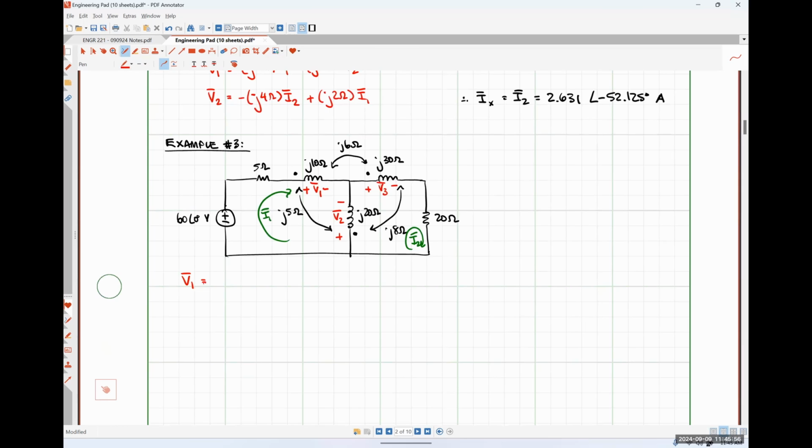Okay, so let's sort out what's going on with V1. So self-induced term, what's it going to be? Positive J10 times I1.